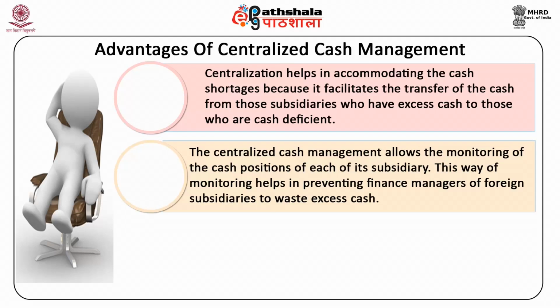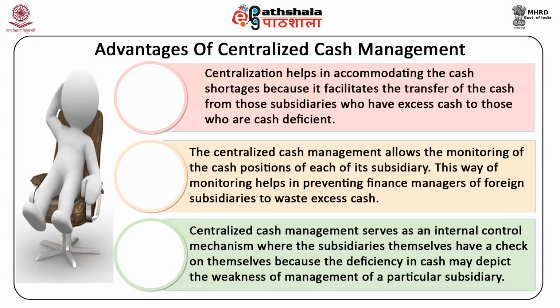This way of monitoring helps in preventing finance managers of foreign subsidiaries from wasting excess cash. Centralized cash management serves as an internal control mechanism where the subsidiaries themselves have a check on themselves because a deficiency in cash may depict the weakness of management of a particular subsidiary.